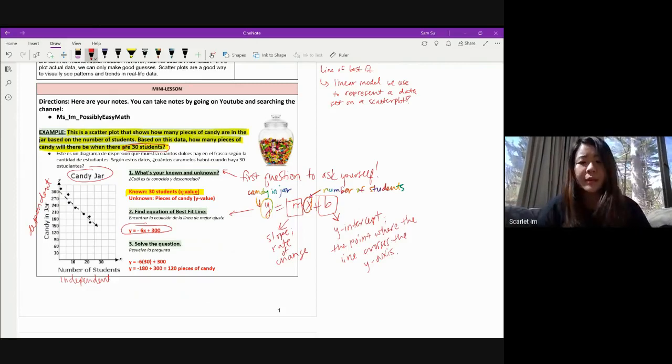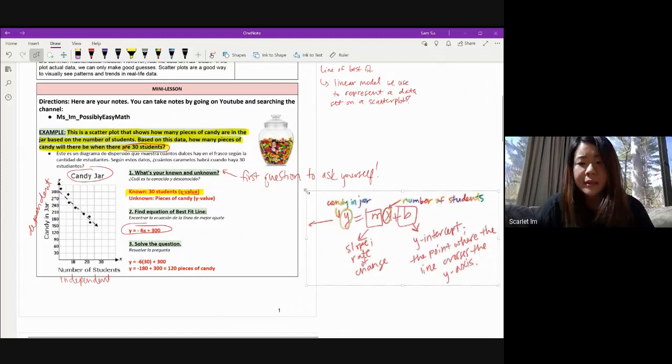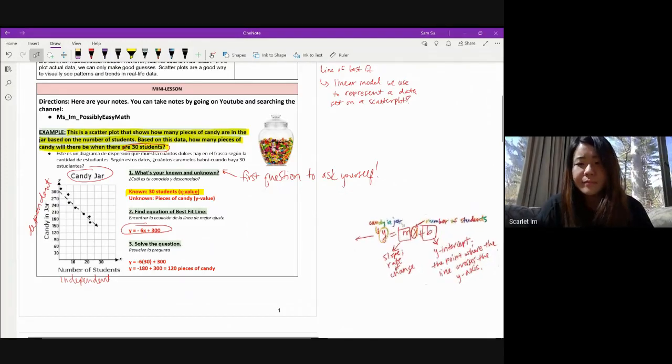So this is important information, so I'm just going to move that over to the side. That's going to be what we are looking for here. That's for number 2.